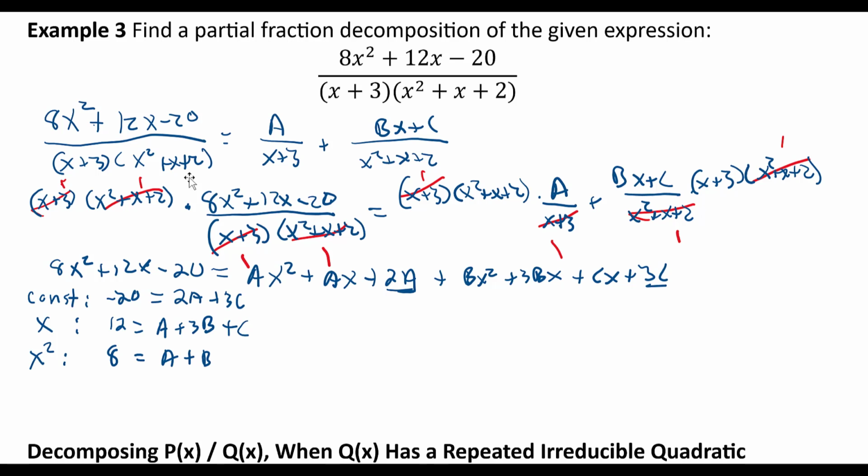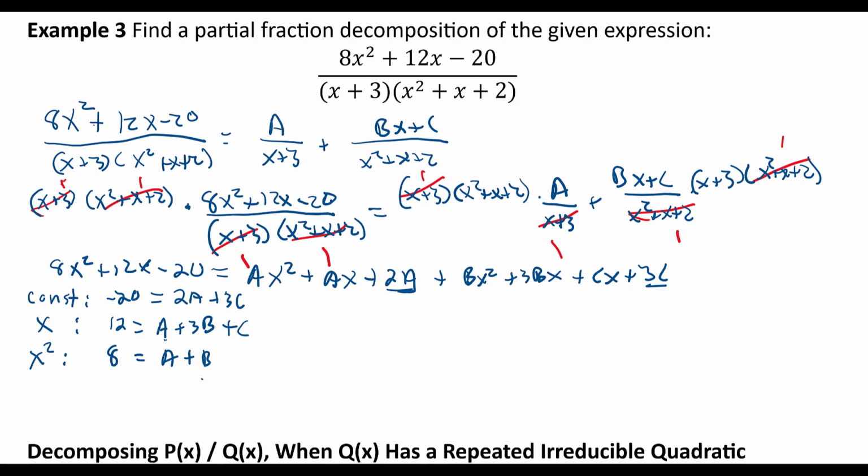I'm going to solve for A and put it in the second equation. So if I know that 8 equals A plus B, A would be 8 minus B. I'm going to put this in place of the A there. So no, that's not going to get me where I want to go, is it? Let me go the other direction with this.